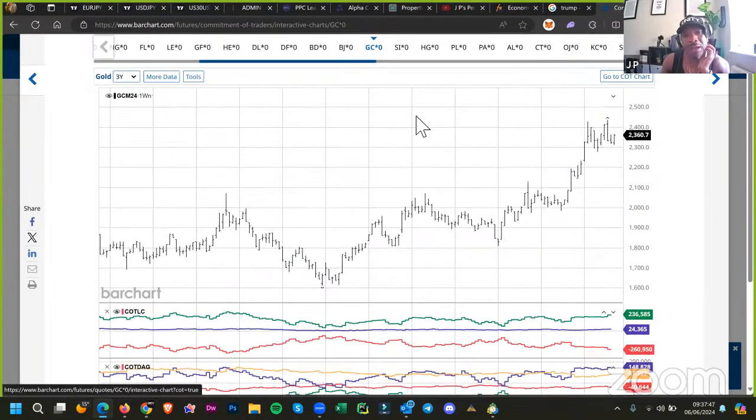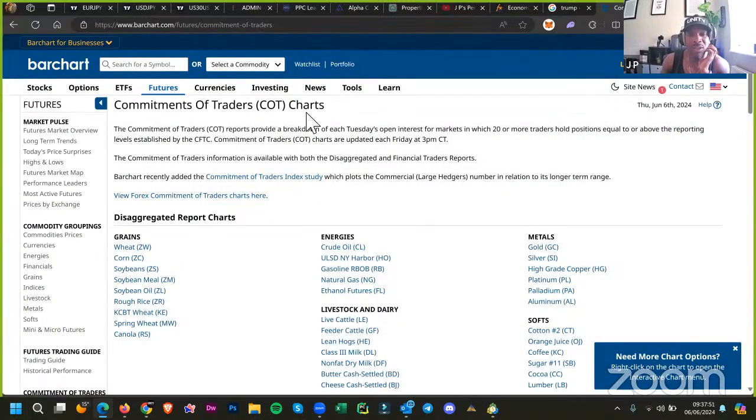Now, I think afterwards we're going to try and watch something about this. I hate to talk on things that I'm not fully versed in, all right? It's in my knowledge base, but I need to touch up on it. Either way, the Commitment of Traders COT reports provide a breakdown of each Tuesday's open interest for markets in which 20 or more traders hold positions equal to or above the reporting levels established by the CFTC.